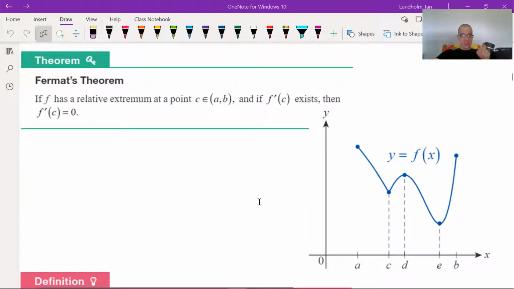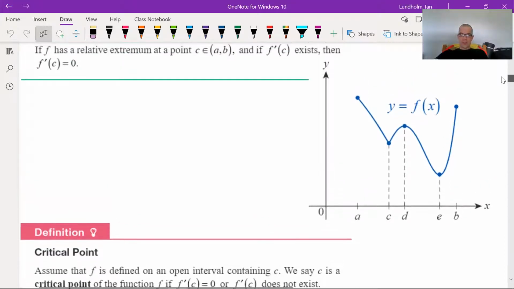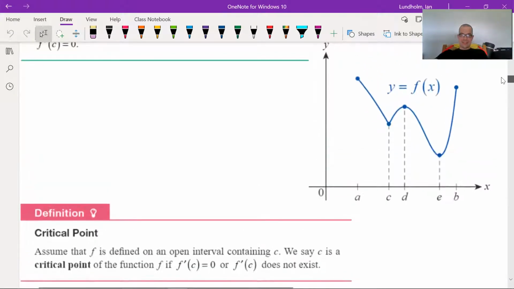But the next thing that we're going to look at combines both the points where the derivative doesn't exist and the points where the derivative equals 0, called a critical point. Critical points are going to be the things that we want to test. They're our points of interest for testing the derivative to see if something interesting is happening there, at least in terms of maximization or minimization.